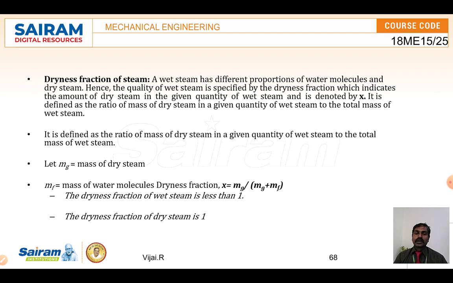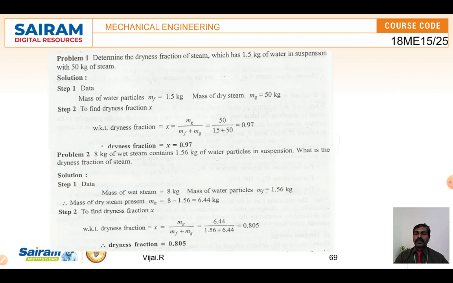Okay, so here we will see a problem to determine the dryness fraction of a steam which has 1.5 kg of water in suspension with 50 kg of steam. The data given is the mass of the water particles, mf, which is 1.5 kg. The mass of the dry steam given is 50 kg.